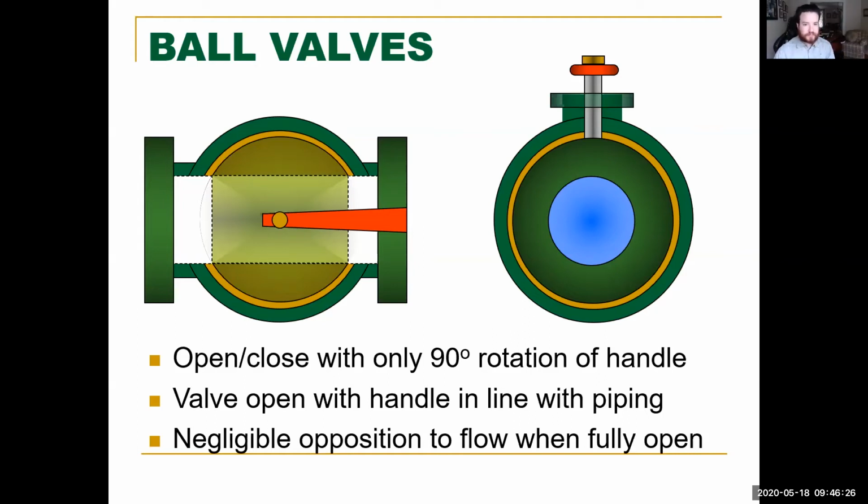They won't really throttle that great, because if you have them open, let's say that's the position, which is halfway. What you're going to be having is the ball is going to be focused here and here. So now you have a wall here that the flow is going to be hitting.